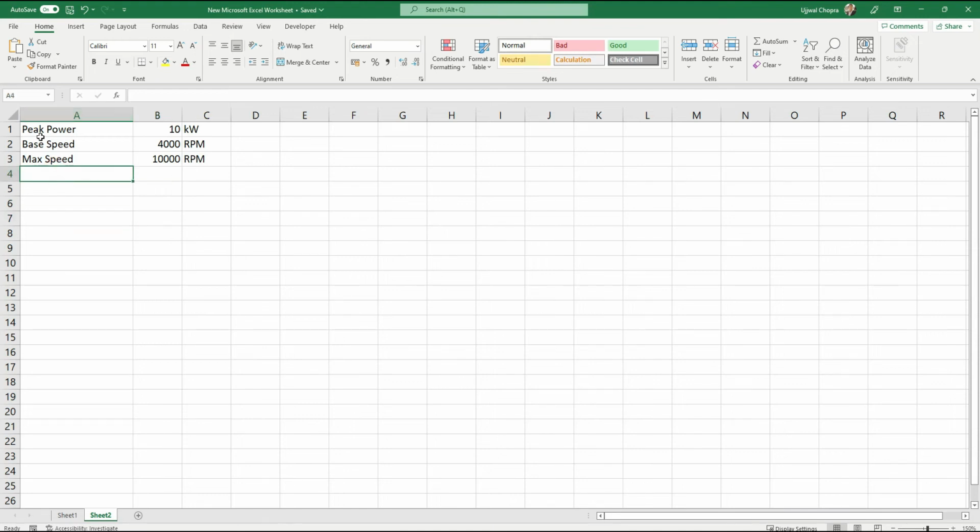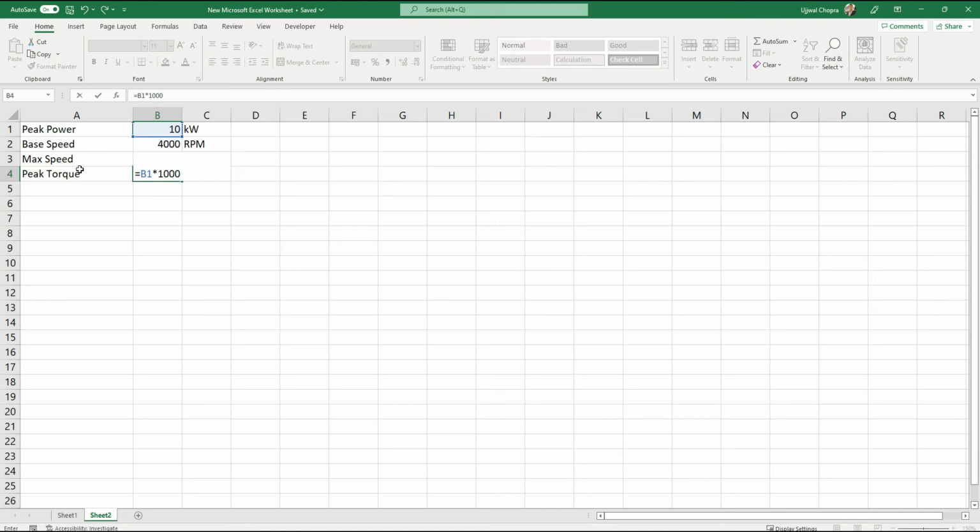So we'll use that relation, power equals to torque times base speed, to get peak torque here. So peak torque is equals to peak power times 1000, as we are working with power in kilowatt.